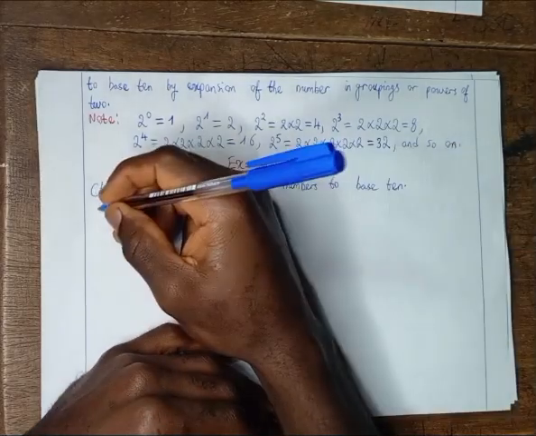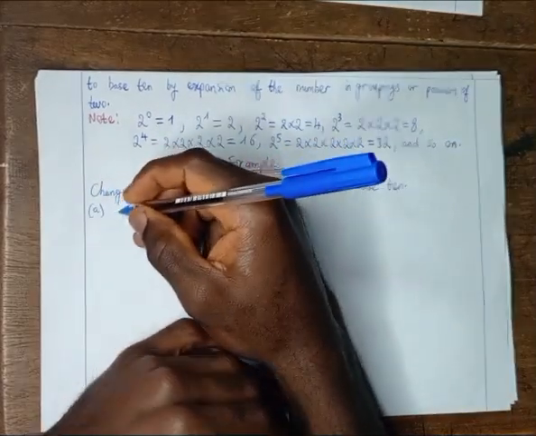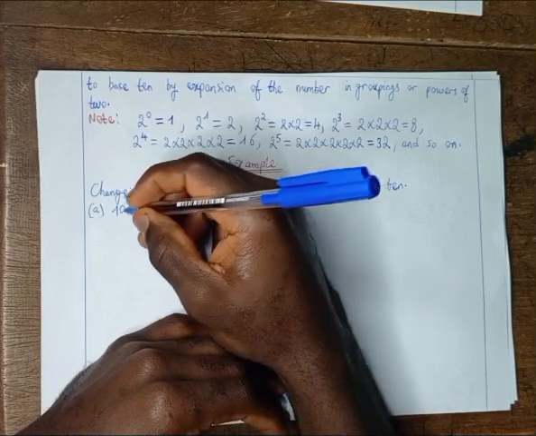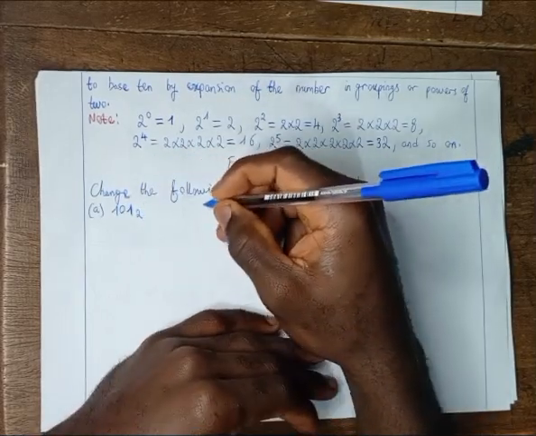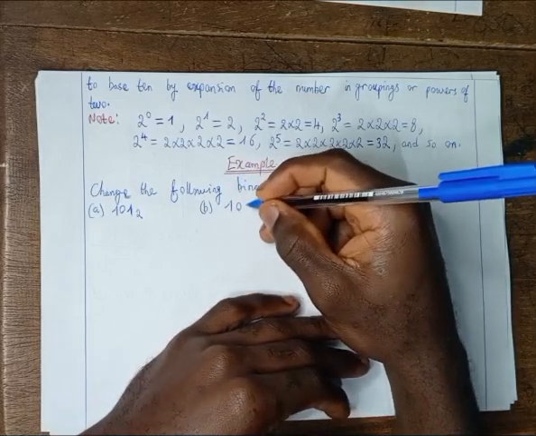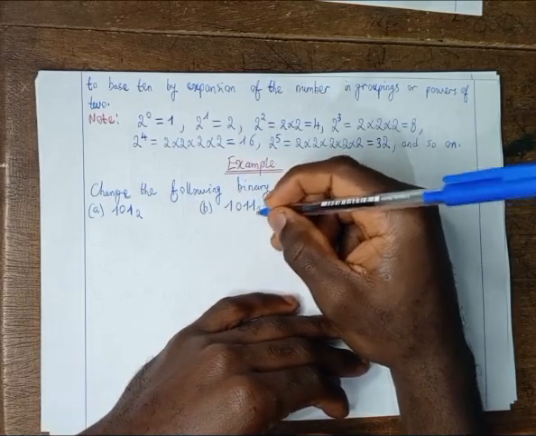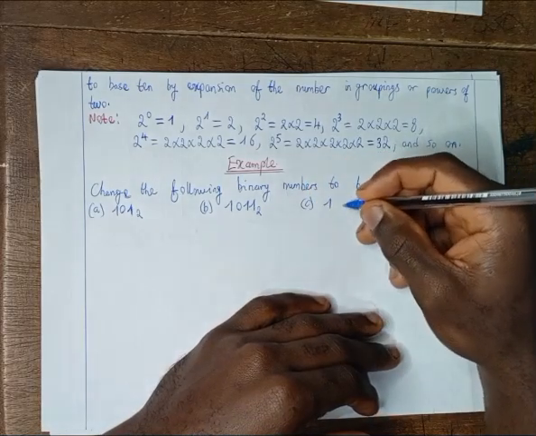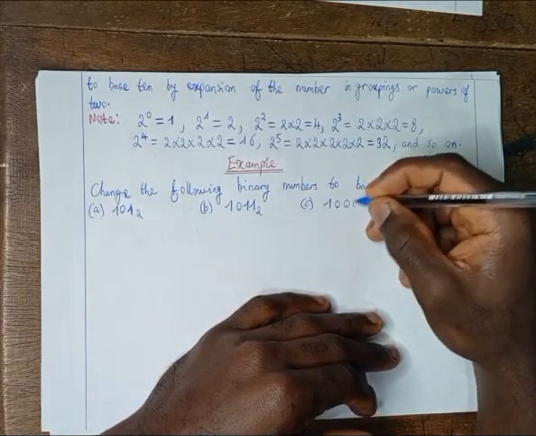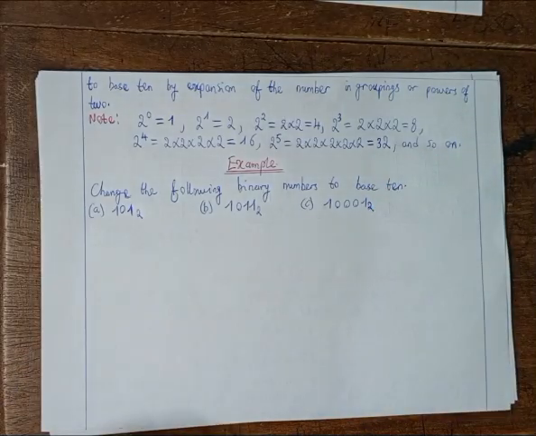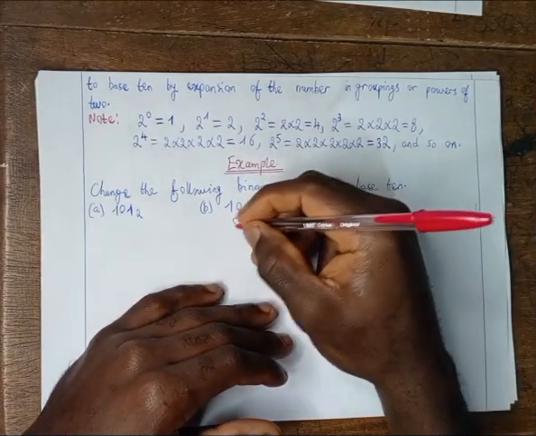For A, we have the number 101 in base 2. For B, we have the number 1011 in base 2. And lastly for C, we have the number 10001 in base 2. So we have to change all these numbers to base 10. Then we're going to write down the solution.